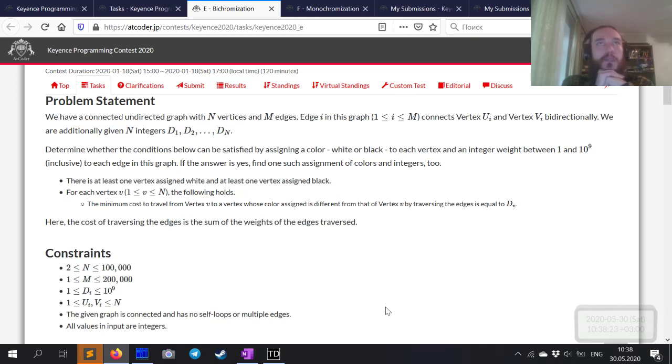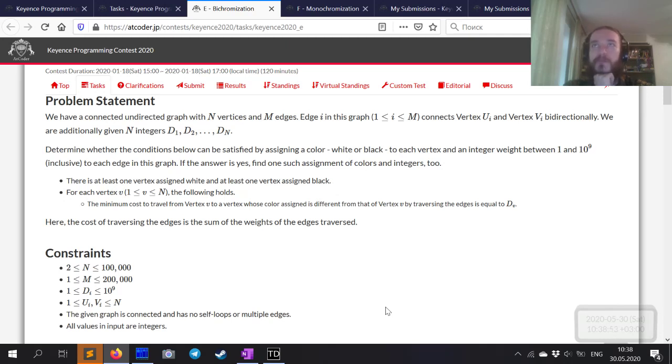So we don't know what's the closest vertex to each one, because we haven't colored it yet, and it also depends on the length of the edges. If only one vertex is black, right?